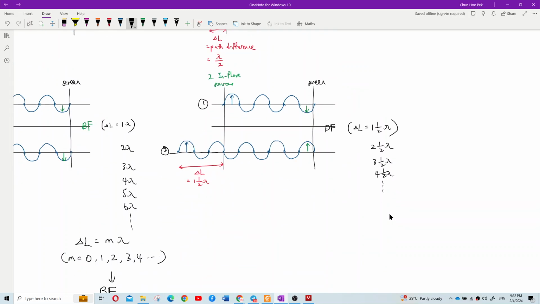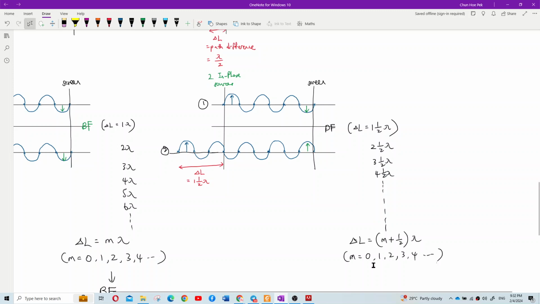So in this case, delta L is in the pattern of m plus half lambda, where m starts from 0. Remember, m must always start from 0: 0, 1, 2, 3, 4, and so on.